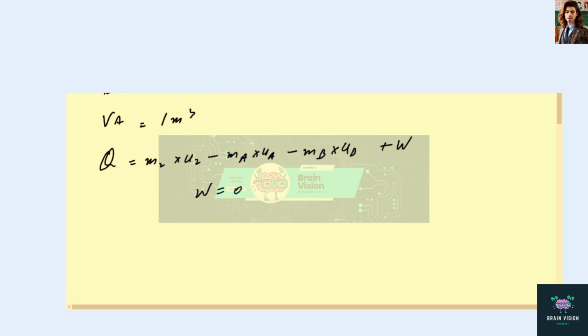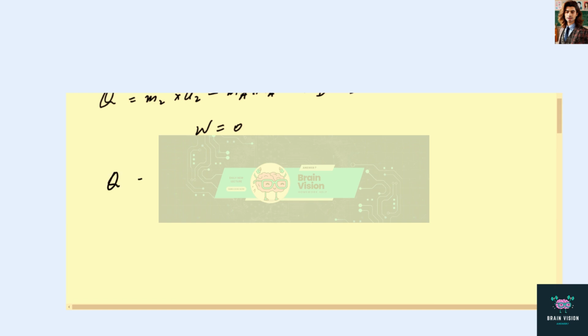Now heat transfer is Q is equal to M2 into U2 minus MA into UA minus MB into UB.